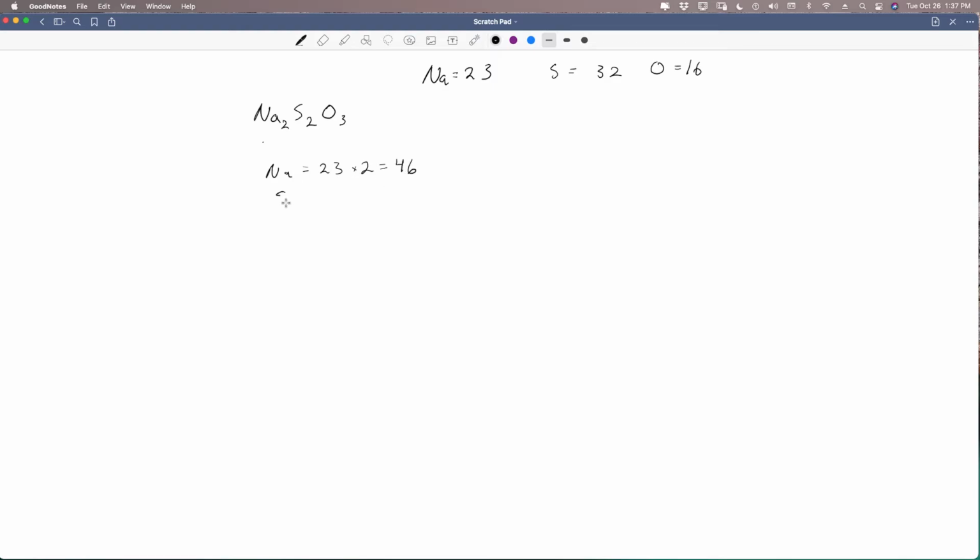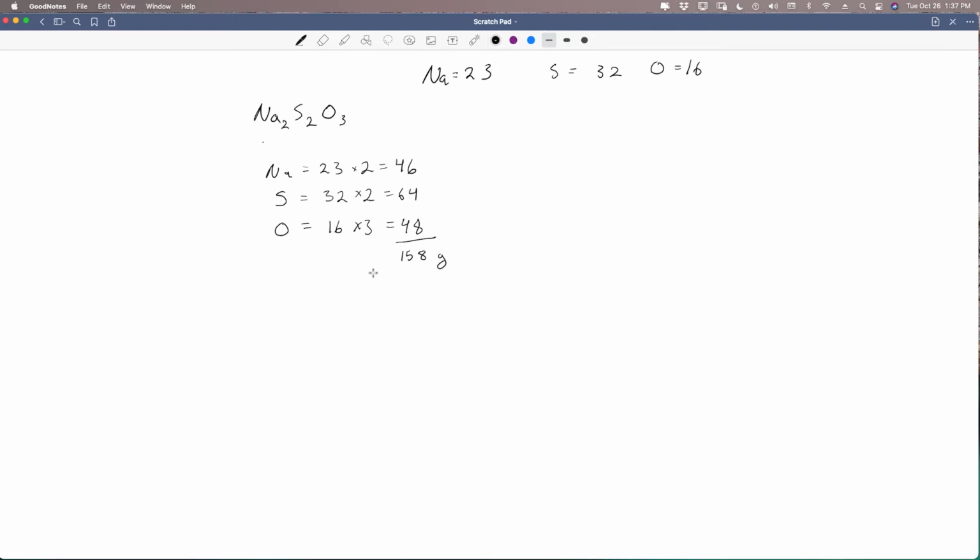For sulfur, we would have 32, and there's 2 of those, so times 2. That would be 64. And then for oxygen, which is O, we have 3 of those. It's 16 times 3. And that would equal 48. And we add all those up, the total gram atomic weight would be 158.